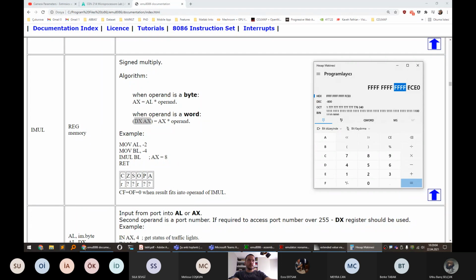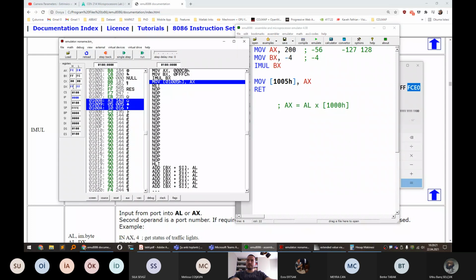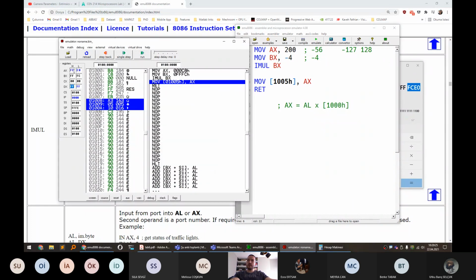This is DX, this is AX. The upper part keeps going FFFF until you fit your memory. So DX should be FFFF, AX should be FCE0. Let's open and look at the DX. DX is FFFF, AX is FCE0.